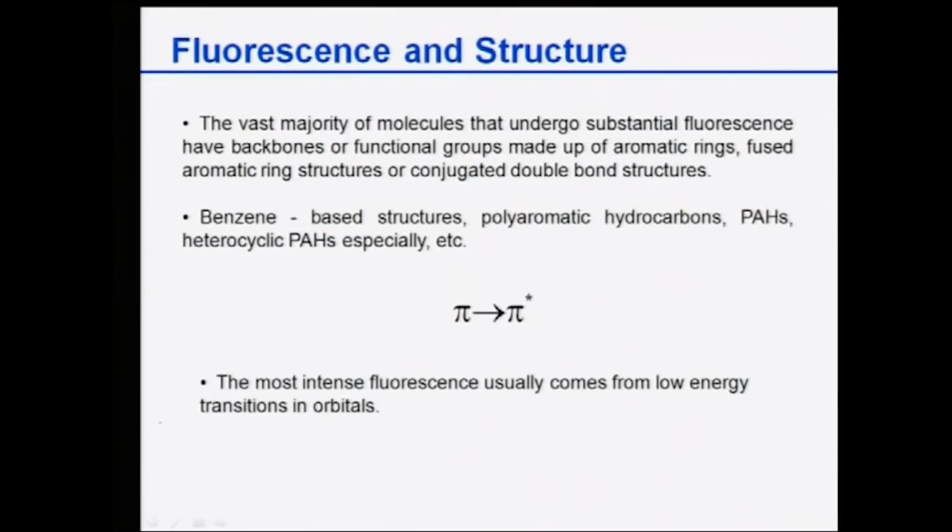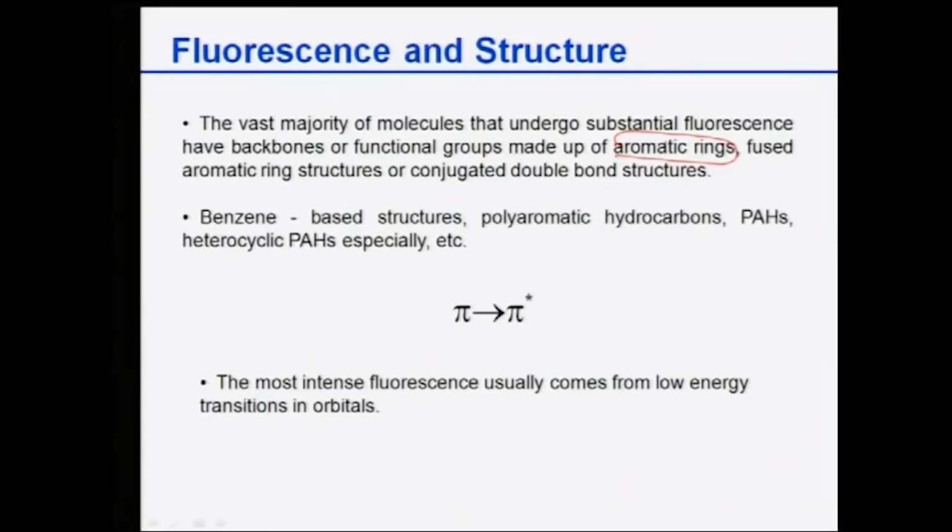Now, how does the structure affect it? The vast majority of molecules that undergo fluorescence have backbones of functional groups made up of aromatic rings. This is what you must remember. Or a fused aromatic ring structure, or a conjugated double bonded structure. So, three things are required: an aromatic ring, a fused aromatic ring structure, or a conjugated double bond structure.